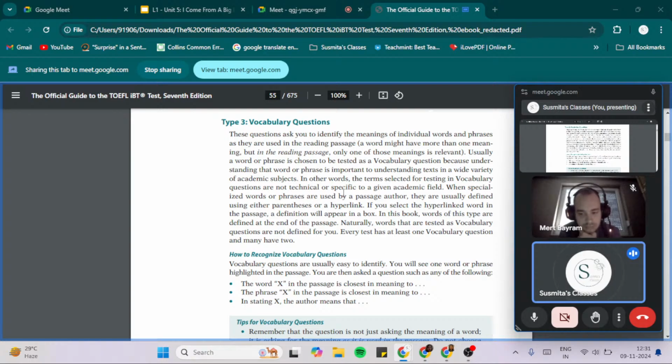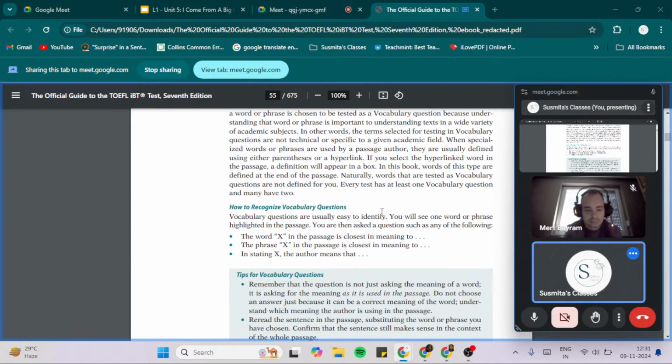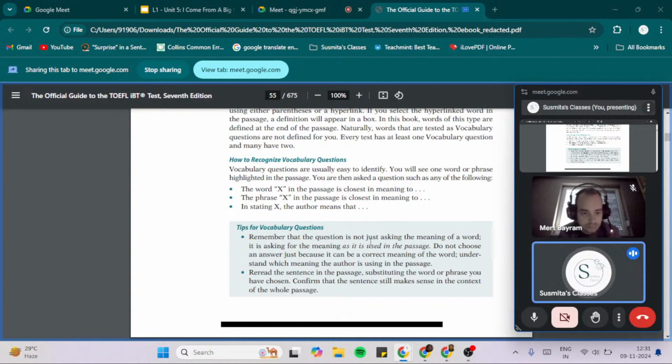Now remember that the question is not just asking the meaning of the word, but the way I said, as it is used in the passage. Sometimes some options could be confusing. So go with the option that fits the way it is being used in the sentence. So you might have to just read the sentence in which it is being used.